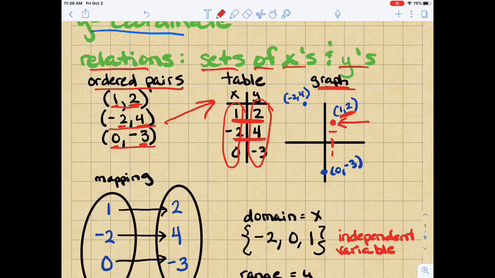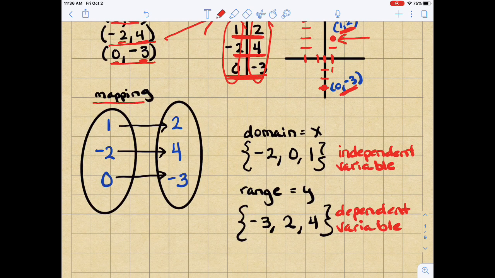When I want to plot -2 and 4, I'm going to go in the negative direction to -2 on the x line, and then up 1, 2, 3, 4 to get to this point, -2 and 4, on our graph here. And then 0 and -3. 0 means I'm not going to move to the right or to the left. I'm going to stay right in the center on x, and then I'm going to go down 1, 2, 3 to -3, and that's how I find this point.